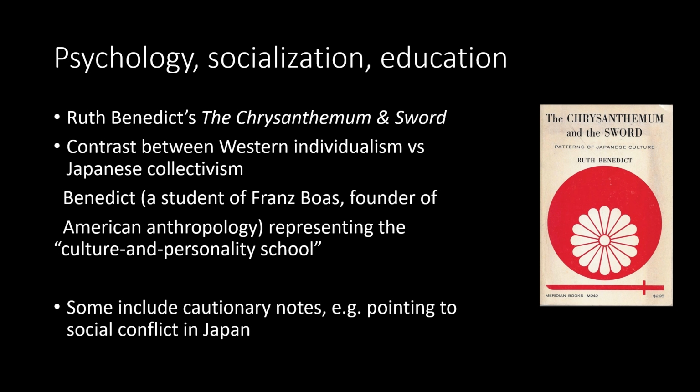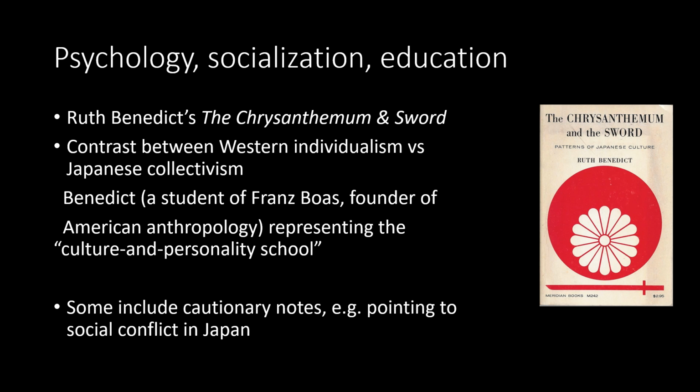Because Japan is given as an example under this theme, this sort of binary opposition thing might stick in the heads of the readers, the students who are reading these textbooks. So this sort of idea of Japanese collectivism is very much emphasized in this kind of representation.